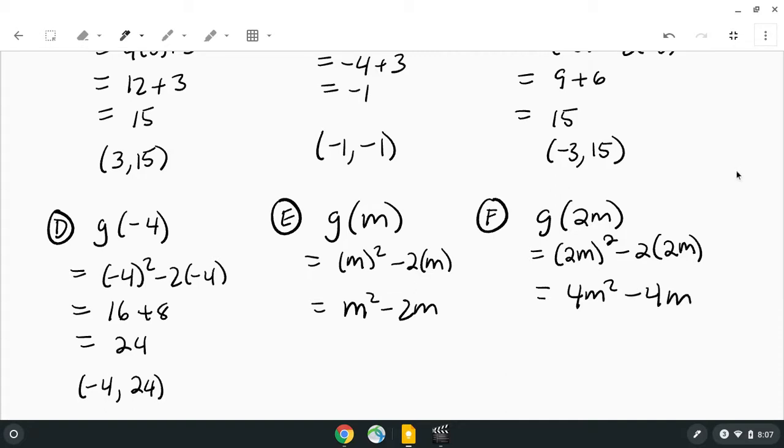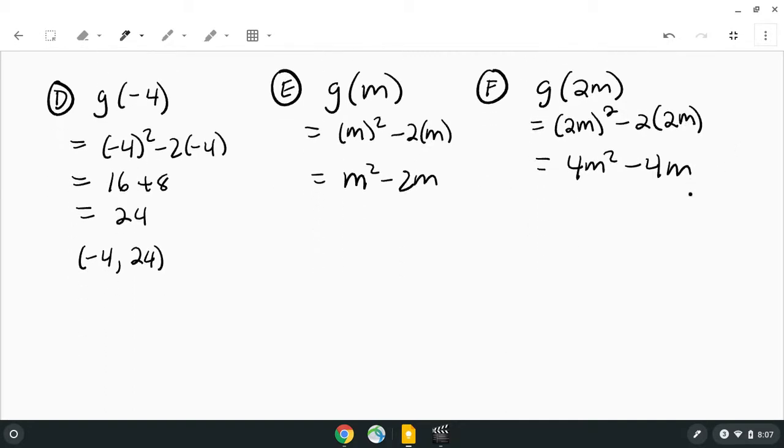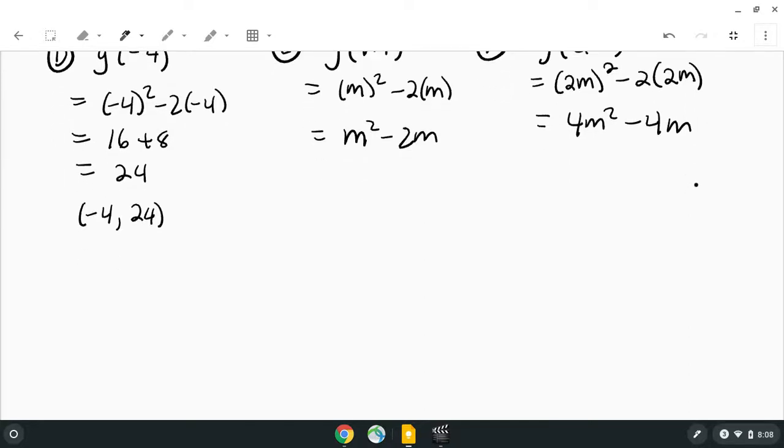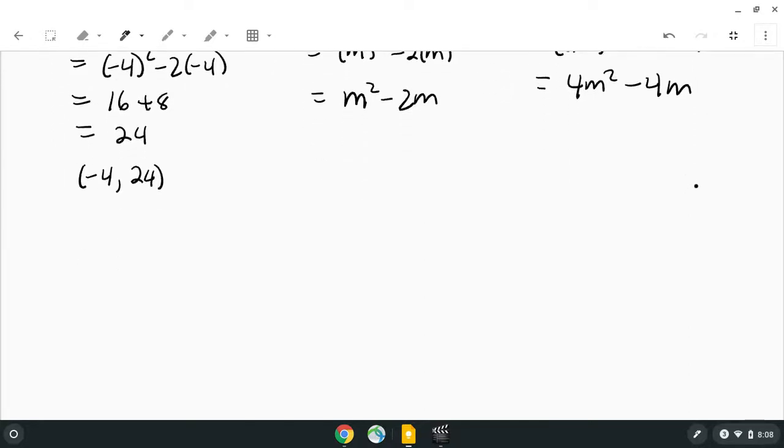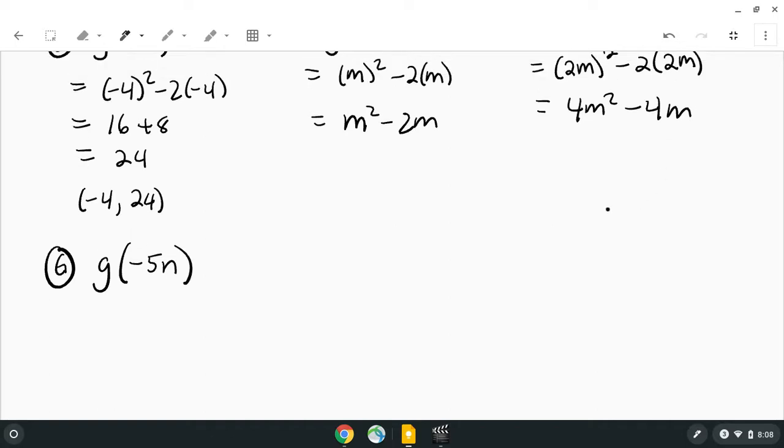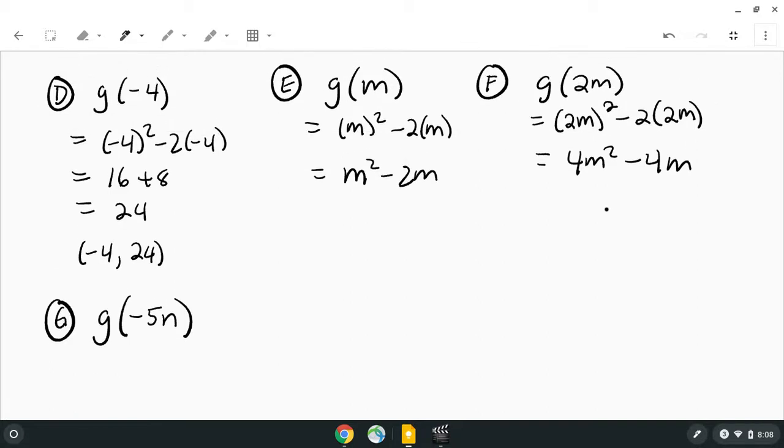Okay. All right, so I want you to try this one. Go ahead and find g of negative 5n.